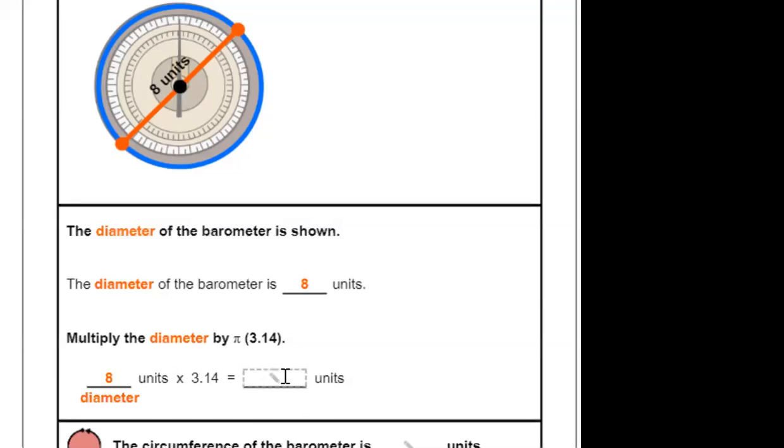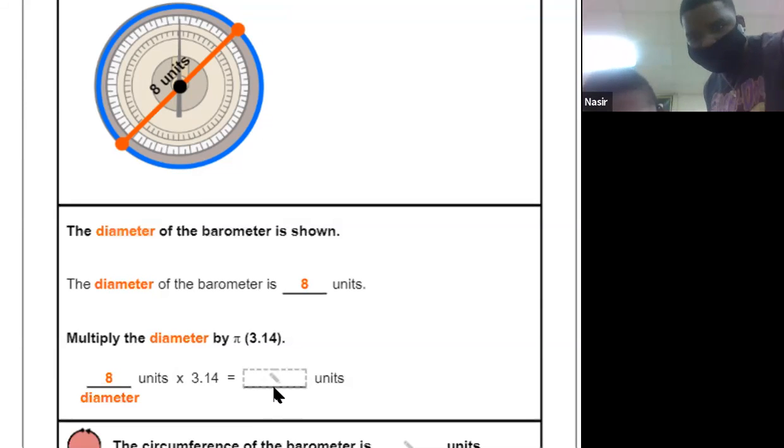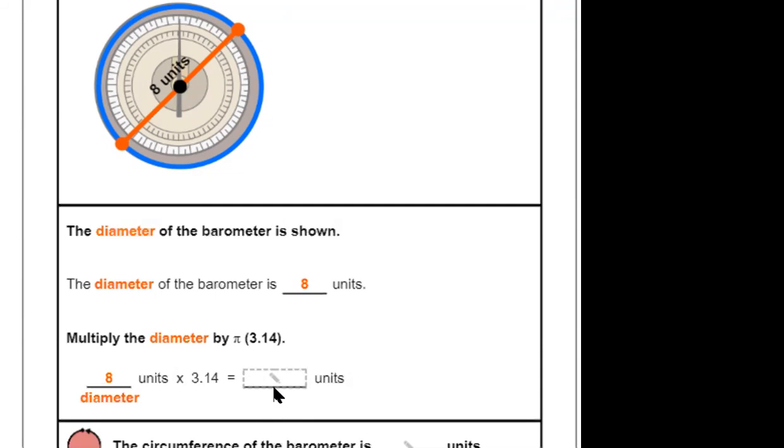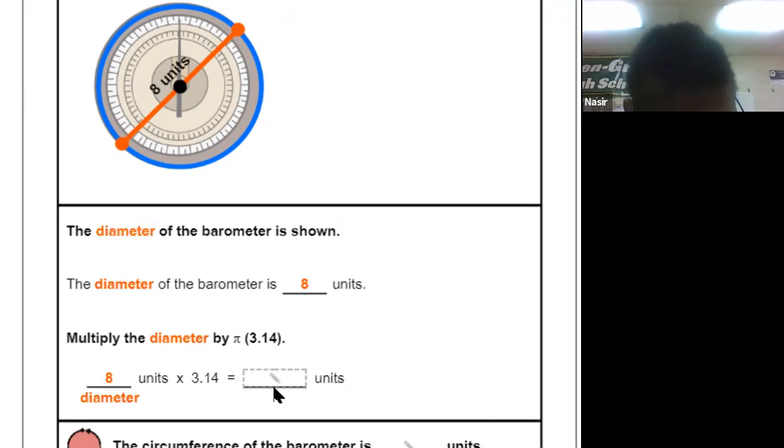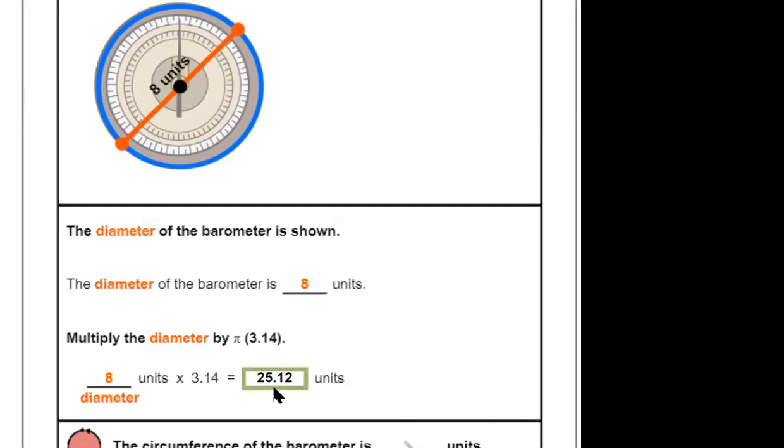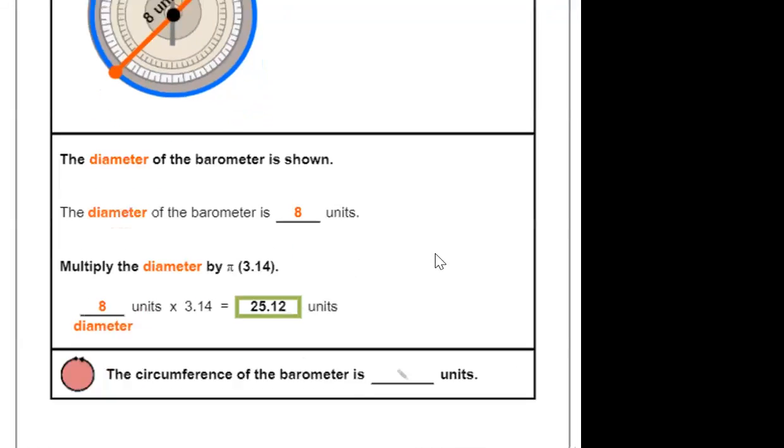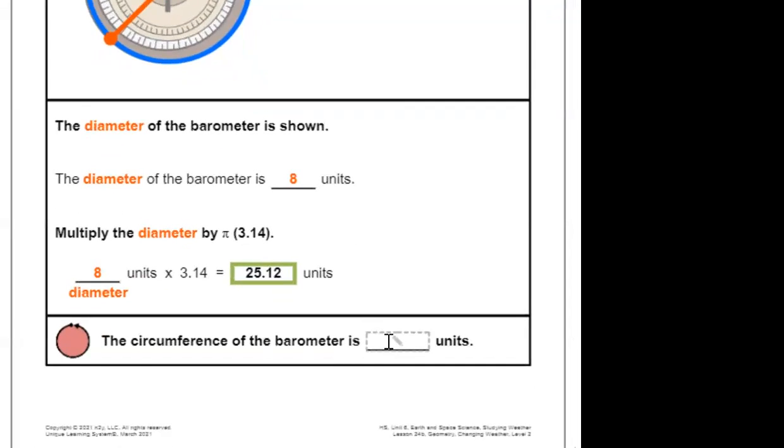And what did we say it was? 8 times 3.14 is what? Find the answer. 25.12. Very good. So the circumference of the barometer is 25.12.